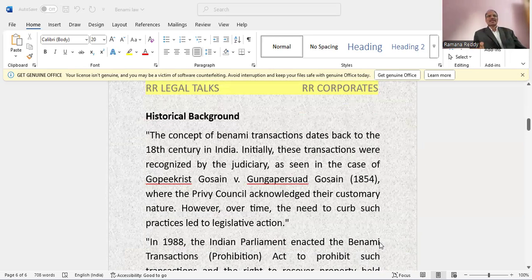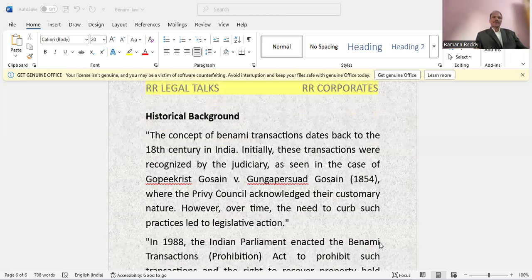If you see the historical background, the concept of Benami transactions dates back to the 18th century in India. Initially, these transactions were recognized by the judiciary, as seen in the case of Gopi Krishna Gosain versus Gunga Perusur Gosain in 1854, where the Privy Council acknowledged their customary nature.